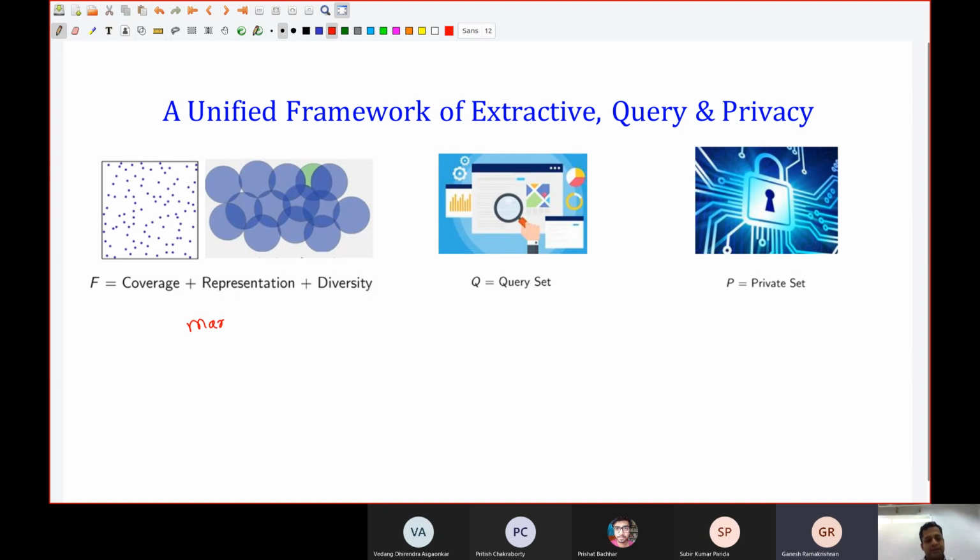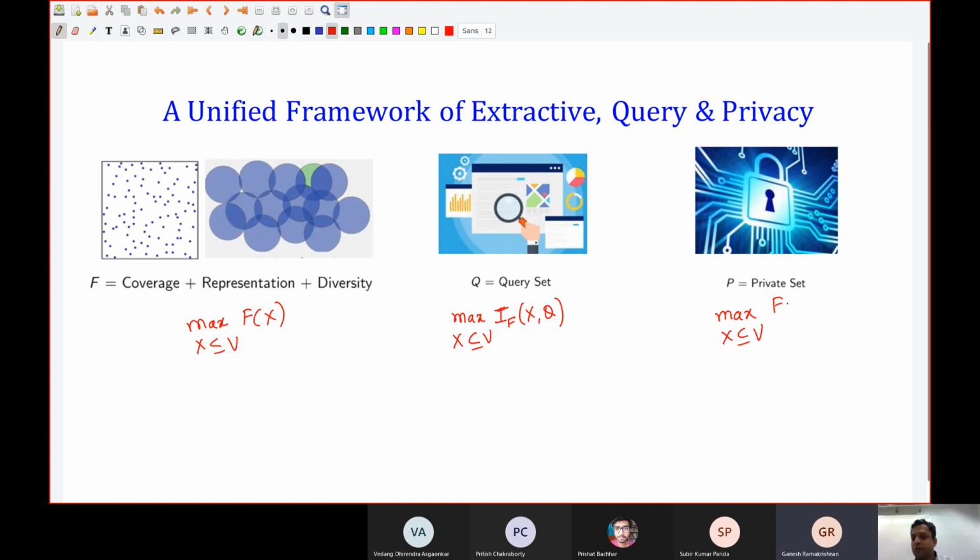You could say maximize over X subset of V, f of X. But in the query sensitive or retrieval setting, you would say max X subset of V, I of the same f, X comma Q.